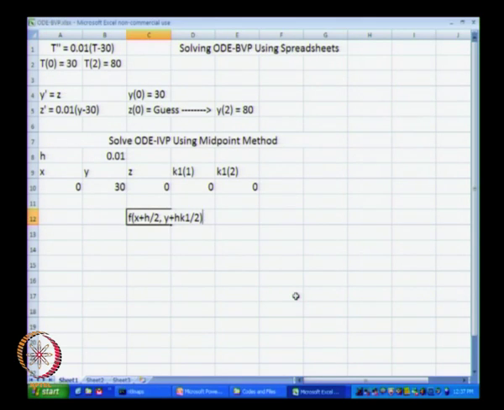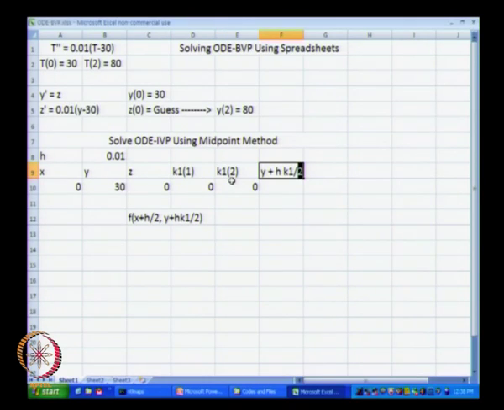Basically we need the value of y plus h multiplied by k1 by 2. Likewise, we will need the value of z also. So this is going to be yi, or I will just drop the subscripts and superscripts over here, plus h multiplied by k1 by 2. And this is what we have.